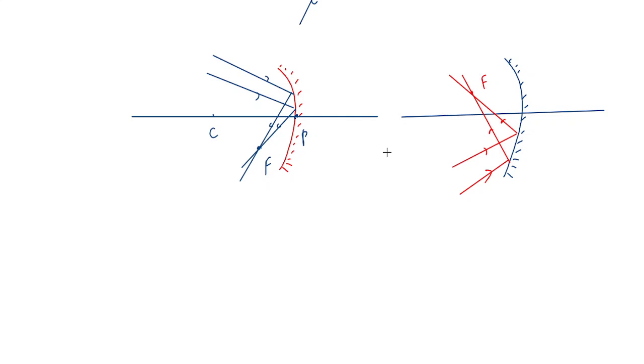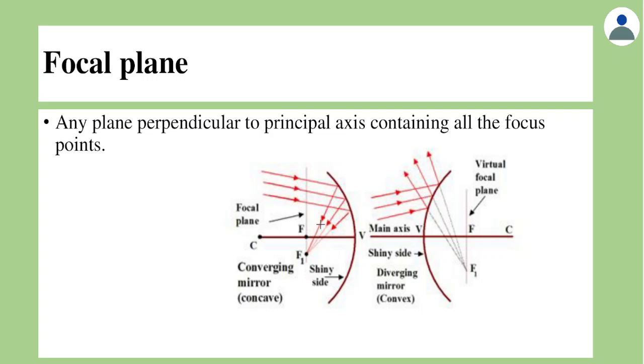Now theoretically, we can have infinite focus points. That is because it is based on the light's orientation. So if you put a plane here, a plane like this, then this plane contains all the possible focal points as given here. If you put a plane at this point, then all the focus points will lie on this plane.